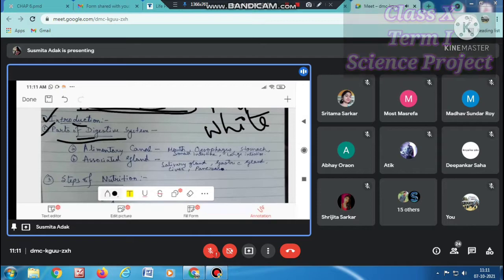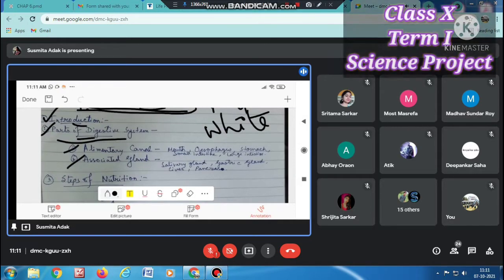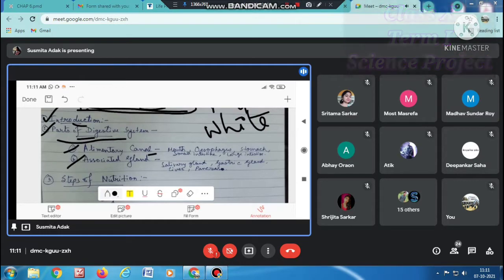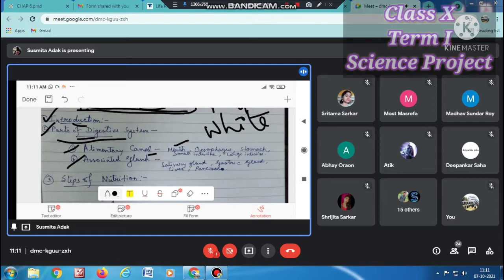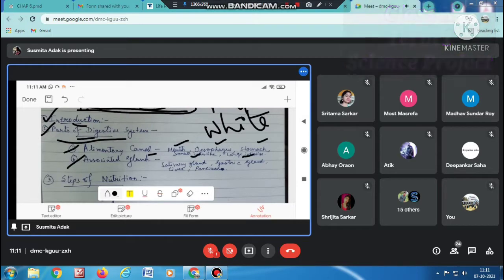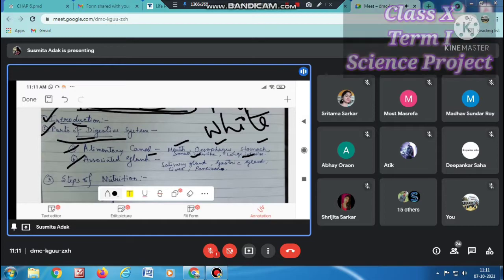In the parts of the digestive system, you have to mention the alimentary canal and associated glands. In the alimentary canal, you should mention the mouth, esophagus, stomach, small intestine and large intestine. These 5 should be mentioned, and you have to write some points or lines for each.